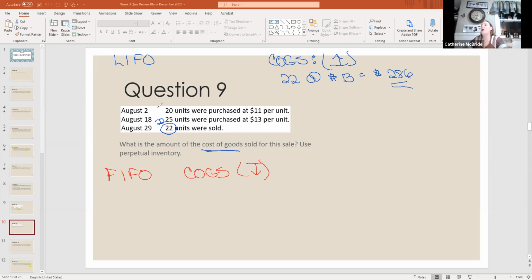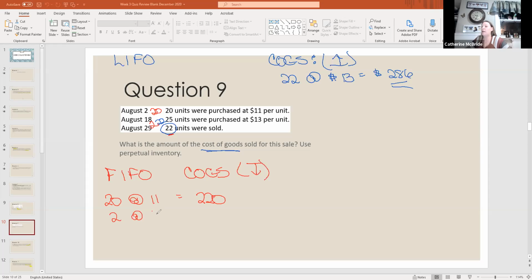So now I'm going to take 20 of these. So we have 220. But then I need 2 more units because I'm trying to get to 22. So I'm going to take 2 of this next group.